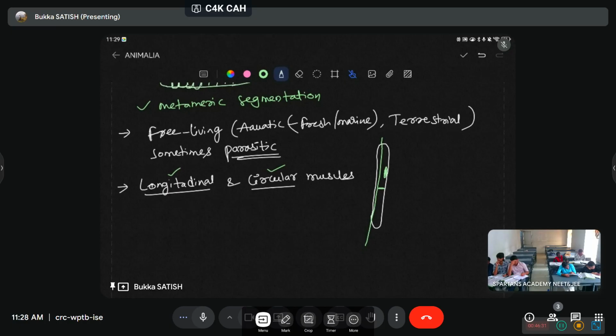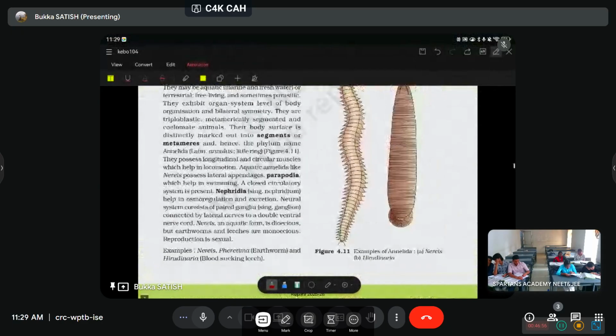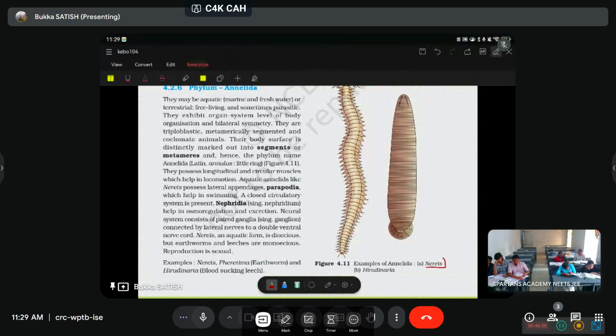Right. Next, parapodia is one feature which you can see in the aquatic forms. You don't find them anywhere else. They can be found only in the aquatic forms. For example, if you see the NCERT figure, Nereis, this one is Nereis, the first one which is shown.